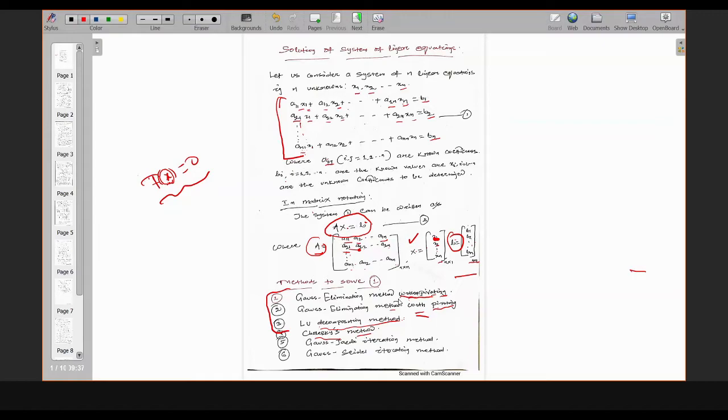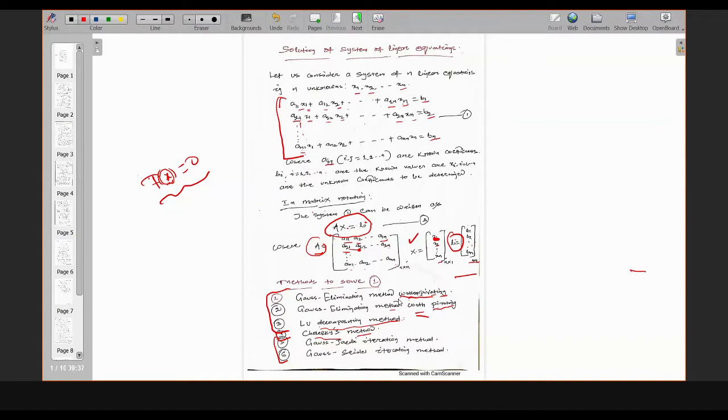These are direct methods. As I already told you, direct methods provide the exact solution in a finite number of steps. But the iterative method provides a sequence of approximations. You start with some initial approximation, then you generate a sequence of approximations x1, x2, and so on, xn. In the limiting case, when n tends to infinity, the nth approximation xn converges to the exact solution of the problem.